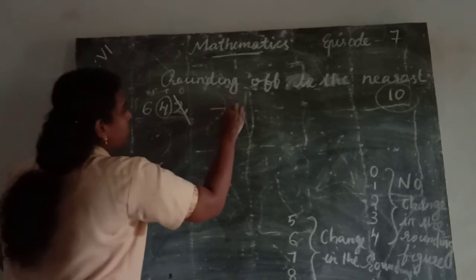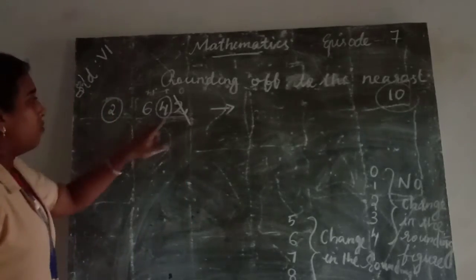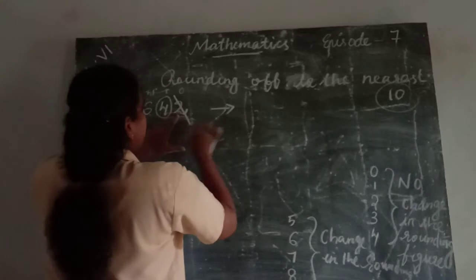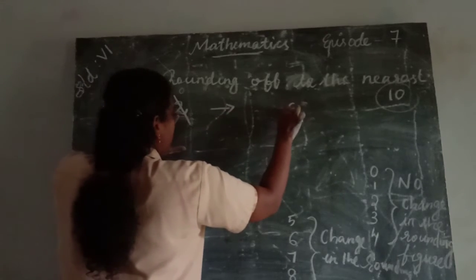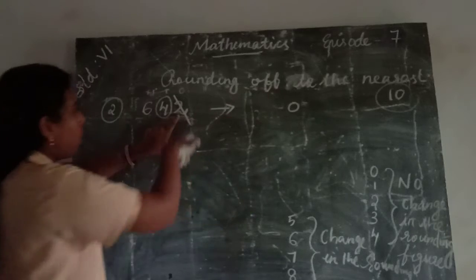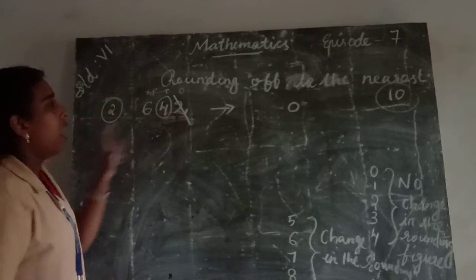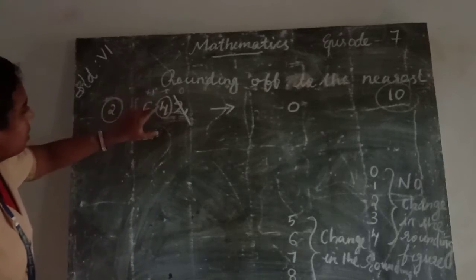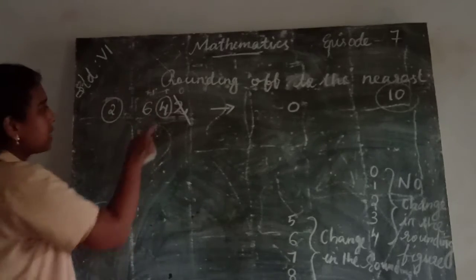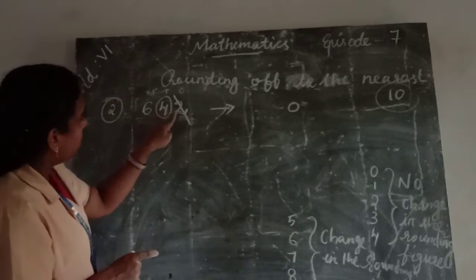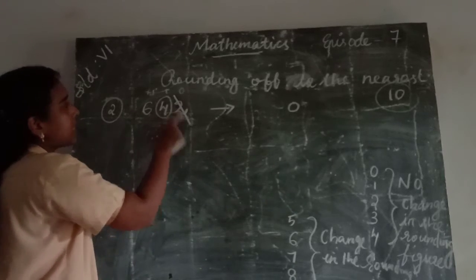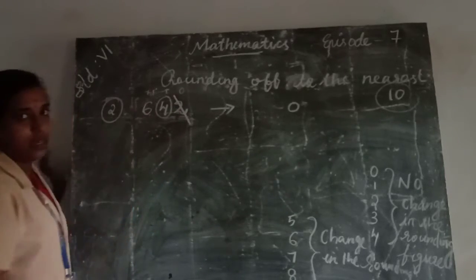For an estimate, we put 0 in the dropped place. We look at the digit that just comes before the rounding digit.